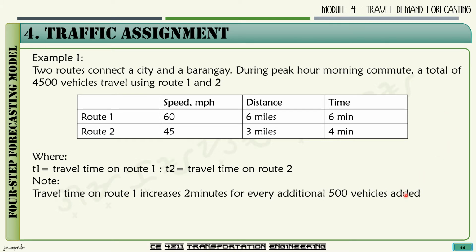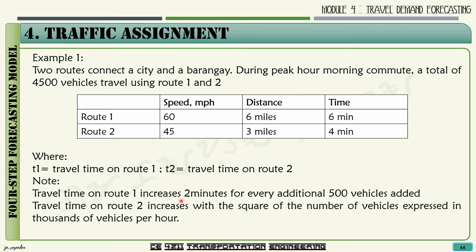So there's a condition when choosing Route 1. When we choose Route 1, it means that for every 500 vehicles added, there is an increase of 2 minutes in the travel time. So ibig sabihin, let's say 500 vehicles, it's 6 minutes, so for an additional 500, you add 2 minutes. So that's what happens when you use Route 1.